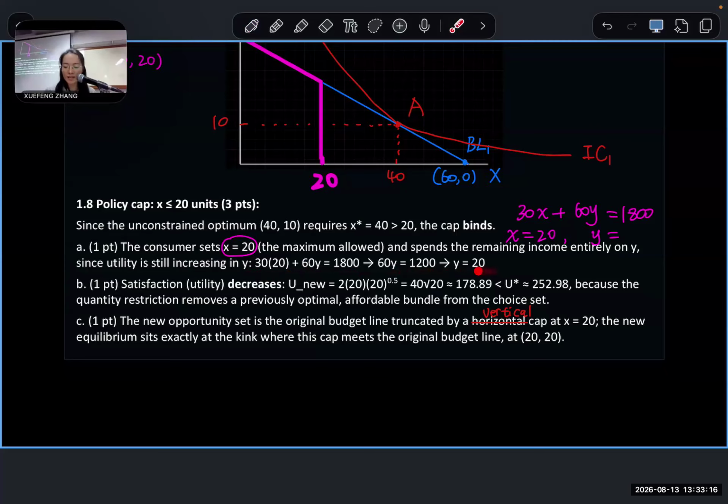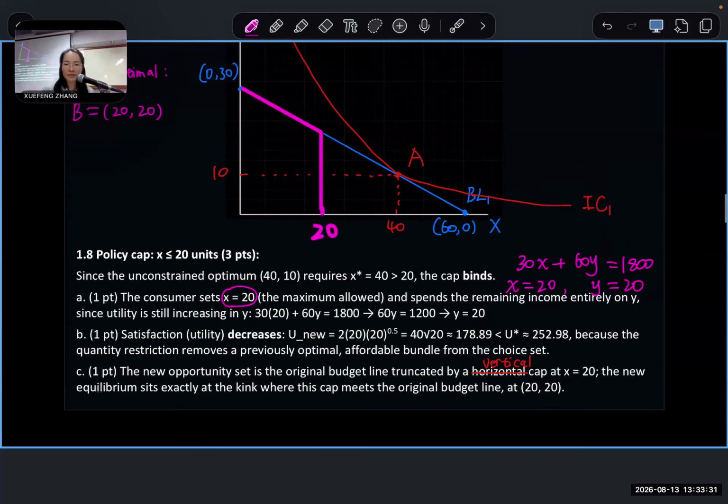This is the answer. 30 times 20 plus 60y, because right now we changed the x. So the new y is 20. That means right now the consumer's new consumption bundle is (20, 20): X equal 20, y equal 20.